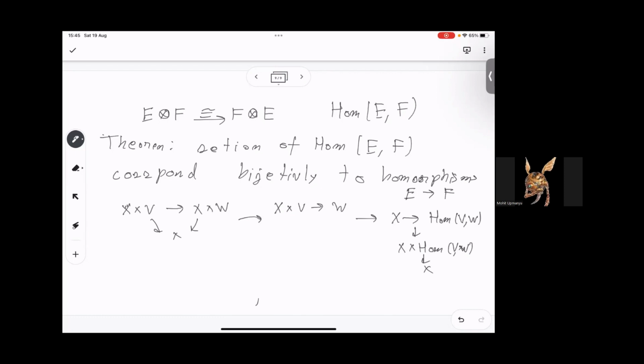Right, so this we kind of understand. Now, to complete the proof, we take the map.